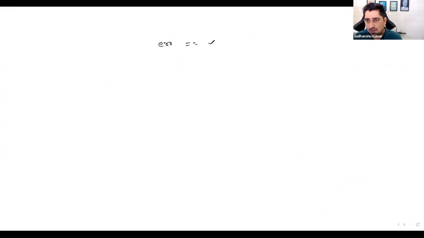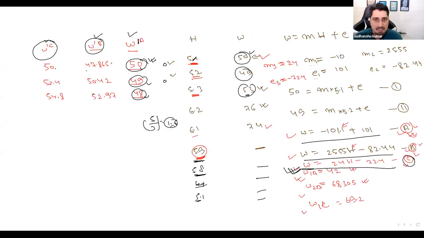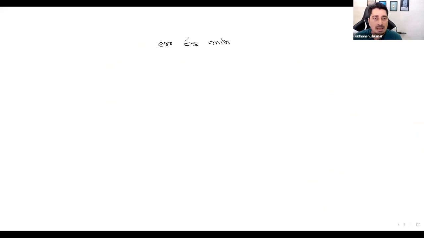This minimum is nothing but a comparison between the results that we have for the different M and C. For whichever M and C I get a minimum error, I finalize that M and C. So now the whole objective is to find the value of M and C where my error is minimum.